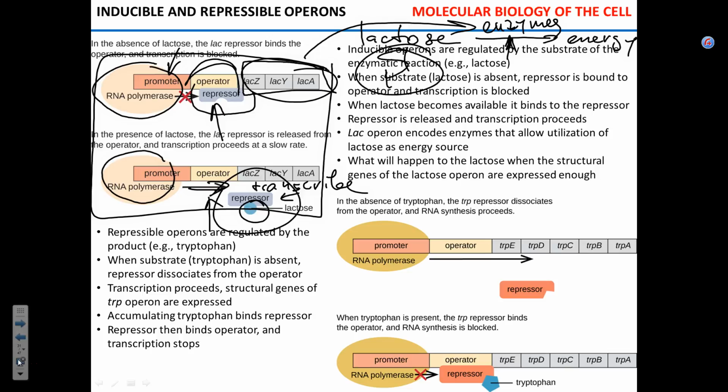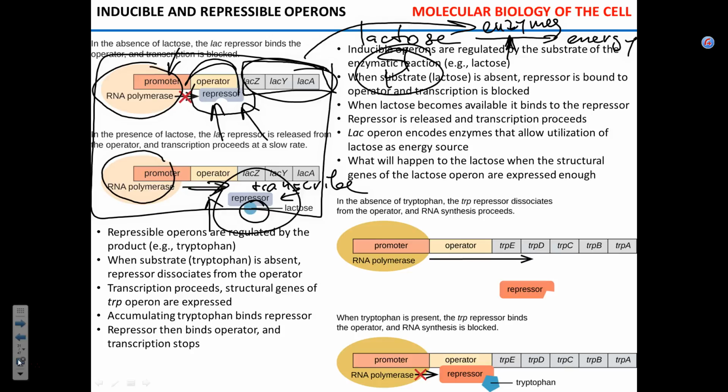It's going to stop existing because there's no more lactose. So repressor will bind back and will stop the production of enzymes. Does that make sense? It's the classic negative feedback regulation. So inducible operons are stimulated by the substrates of enzymatic reactions.